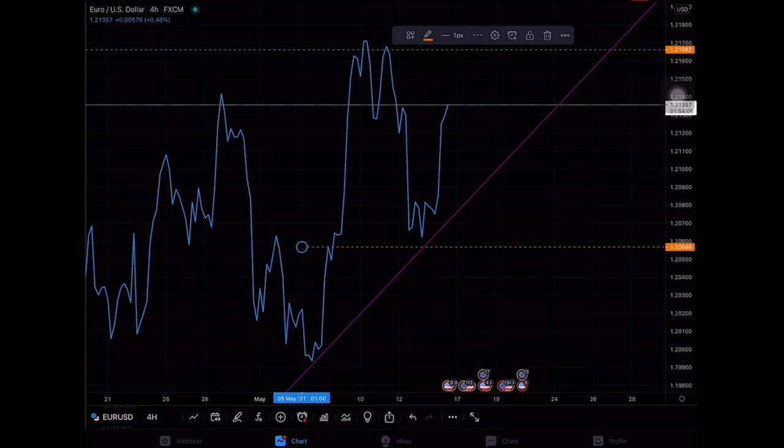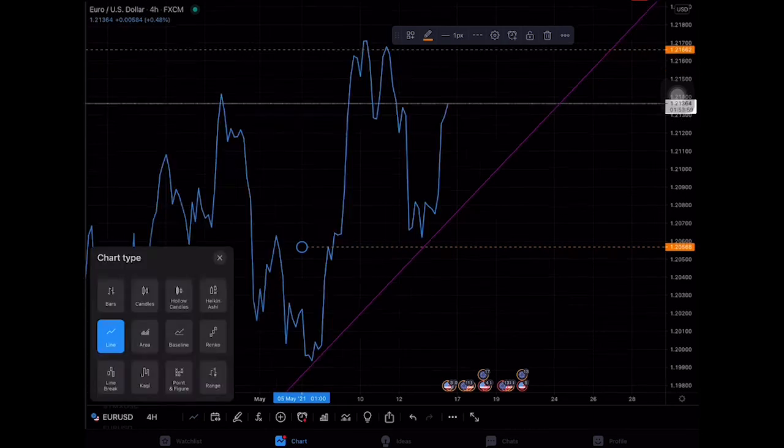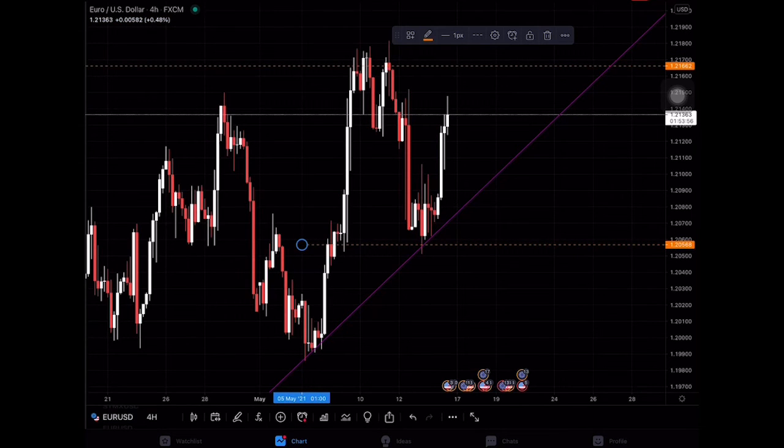That is the closest point to the trend line. So we change back into candlestick. So voila. As you guys can see, when you guys entry here, it's a very precise point. It's a very good point for you guys to entry. See? That is how you guys get a very precise point for entry.